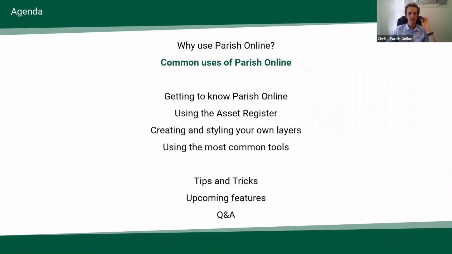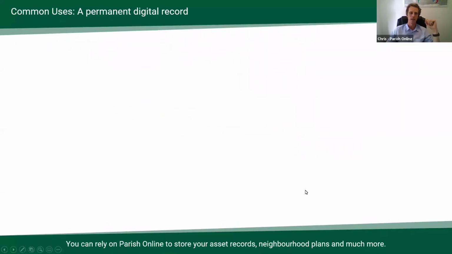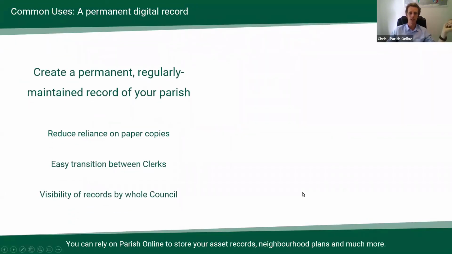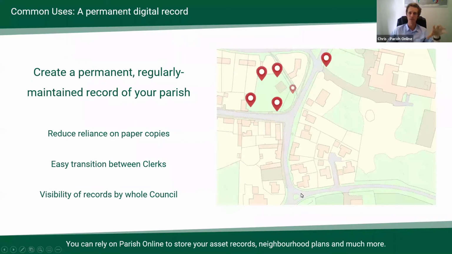Okay, so that's why I think you should be using Parish Online. What I'd like to do now is show you some case studies of what other people have used Parish Online for. In general terms, it can be used as a permanent digital record. So referencing those benches again, if you've got stuff saved into a cloud service, you can rely on us that information is there, safe, secure, completely safe.